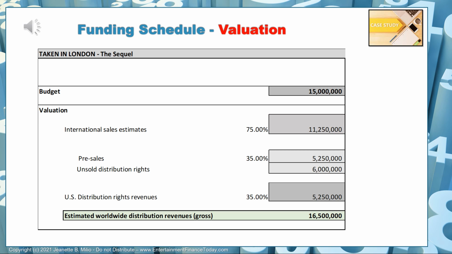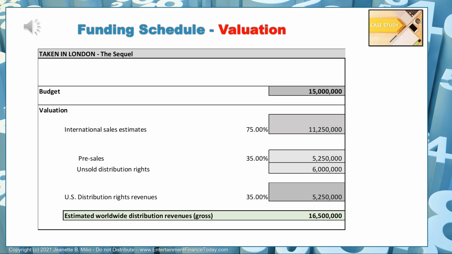The only difference between them and regular distribution agreements that we're selling is that these agreements are done before the film is produced versus a regular sale, which is also a distribution agreement, that is done after the film is finished, which is what happens with our unsold rights, which we show here at $6 million.